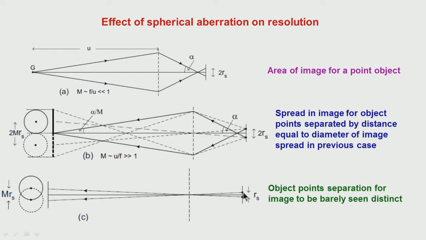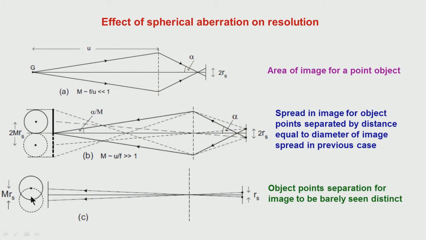This will actually be a magnified image which we get. For some particular separation, the disks start overlapping, and only beyond some particular separation between these objects are we able to see them as separate.